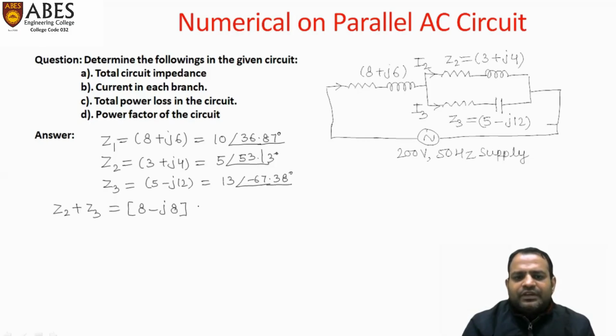So after solving into the polar form, it is 11.314 at an angle minus 45 degree.